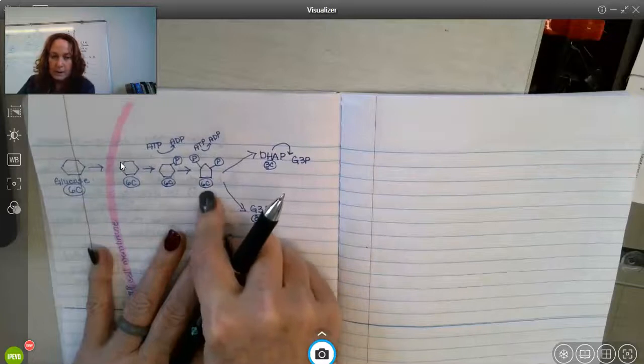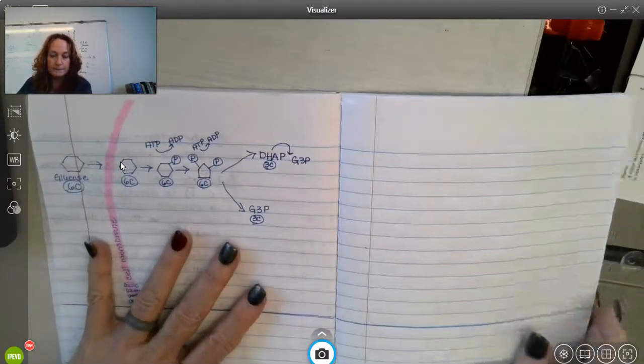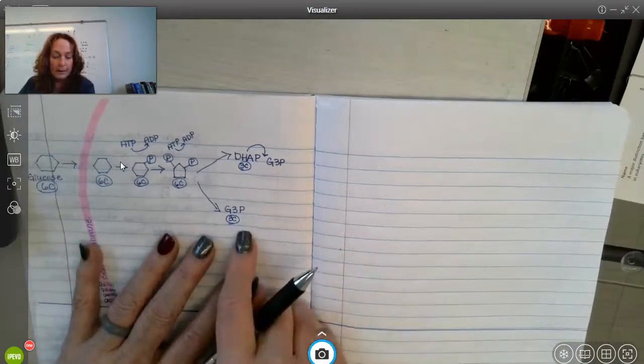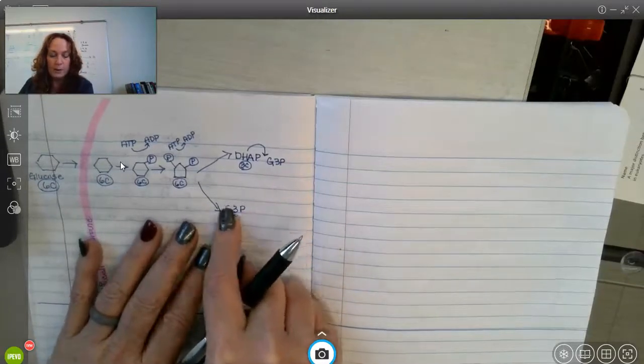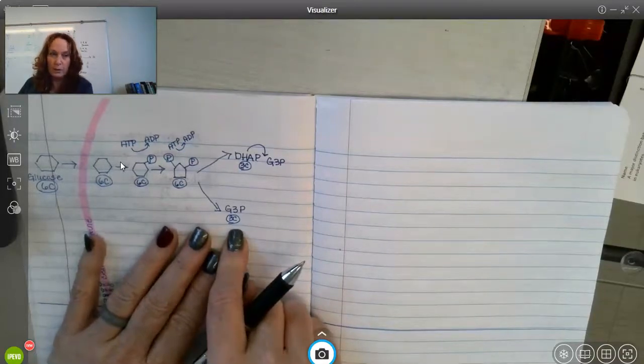So we took the 6, keeping up with them. There's 2 3s. So at this point now, we're going to convert this 3-carbon molecule. Now there's a lot of steps, and we're not going into them. You don't have to know them.